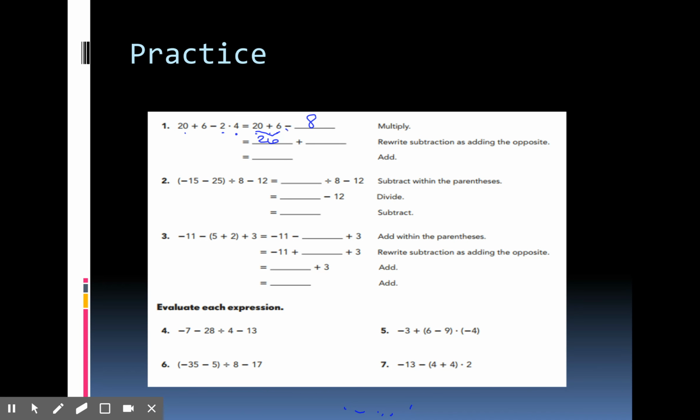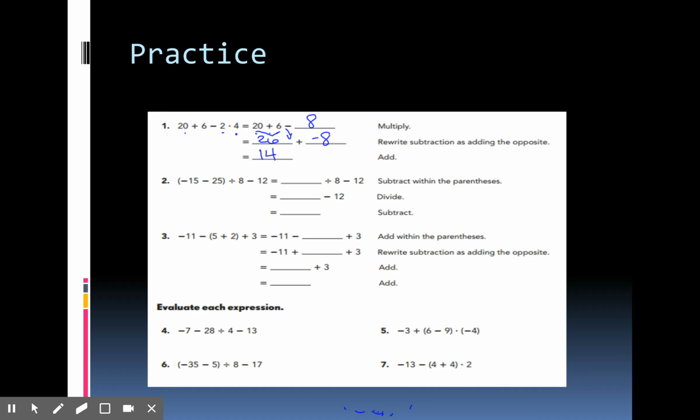And then I'm changing this to addition, making this a -8. -8, not 18, Miss Rico. So 26 plus a -8 is just like subtracting 26 minus 8. So that would be 14.